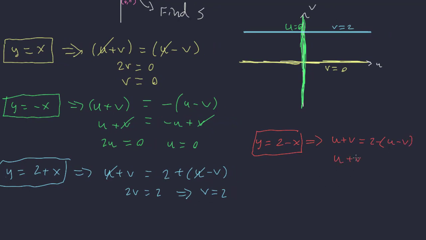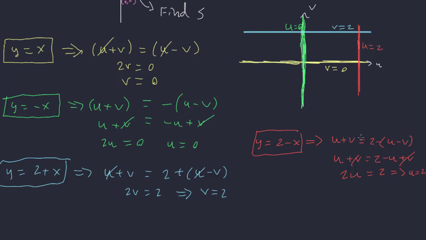All right, so we'll get u plus v is equal to 2 minus u plus v, and now it's the v's that cancel, and we'll get 2u is equal to 2, so u is equal to 2. Okay, something like this.